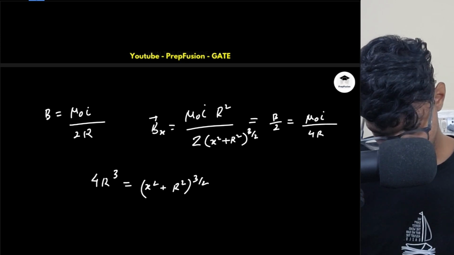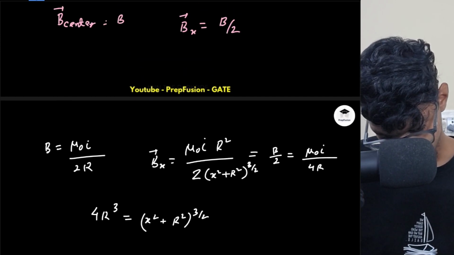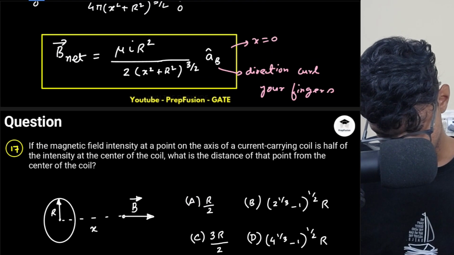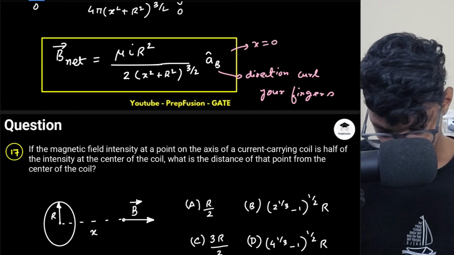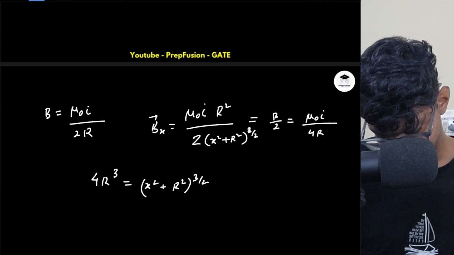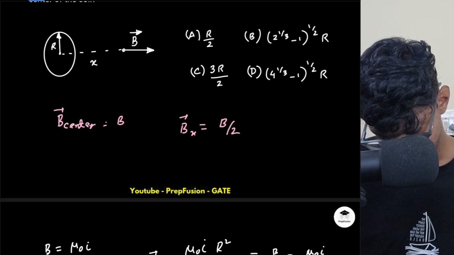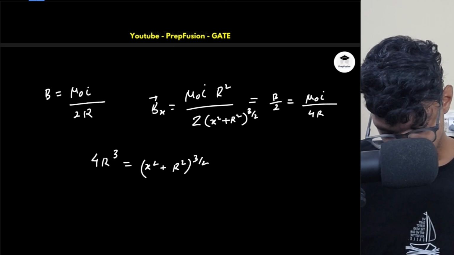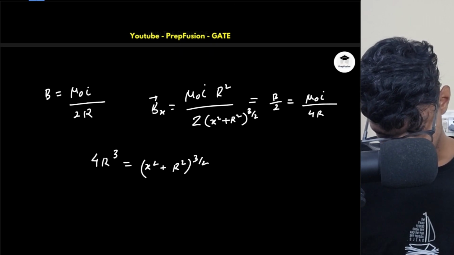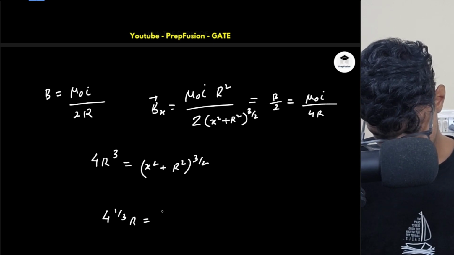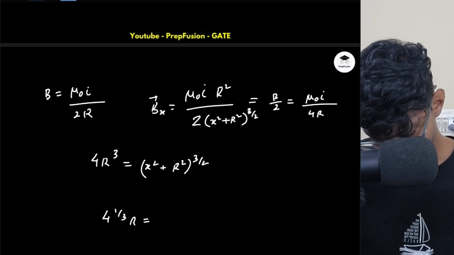Let me check quickly if I'm doing anything wrong. If I put x equal to 0, this is mu naught I by 2r only. If I take the cube root of this, I will square this again.